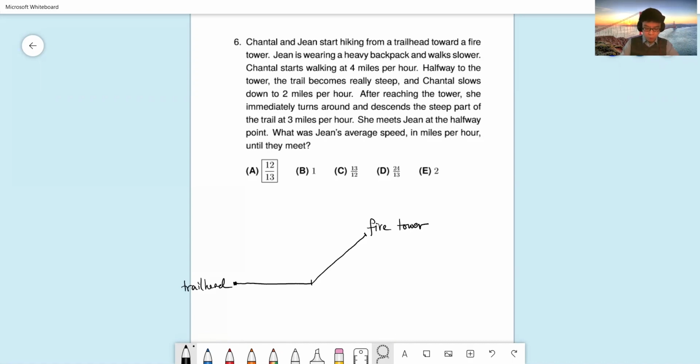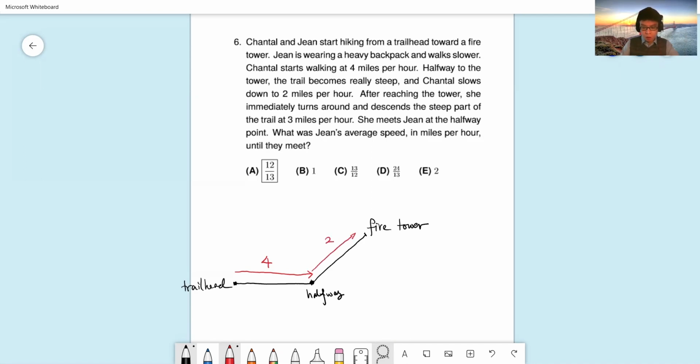So this flat piece and the steep piece have the same distance. So this is the mid mark, the halfway point. Now, Chantal walks faster. In the first half, she walks 4 miles per hour, and then she walks 2 miles per hour up to the fire tower.